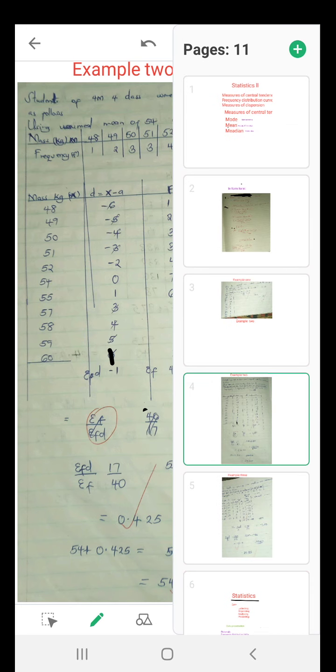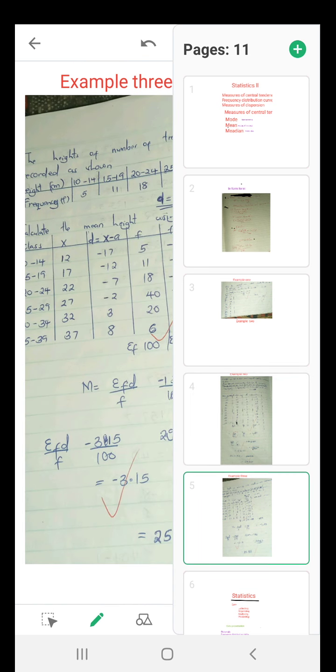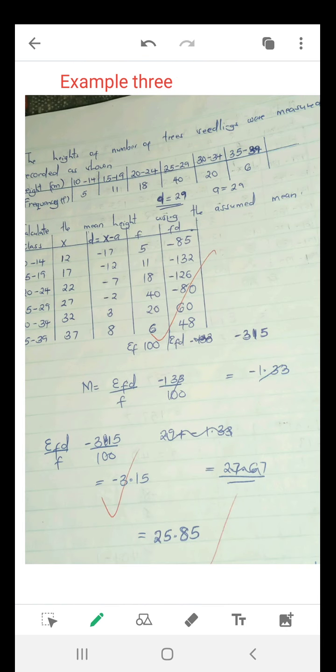Example 3. You have a question telling you that the heights of a number of tree seedlings were measured and recorded as shown below.